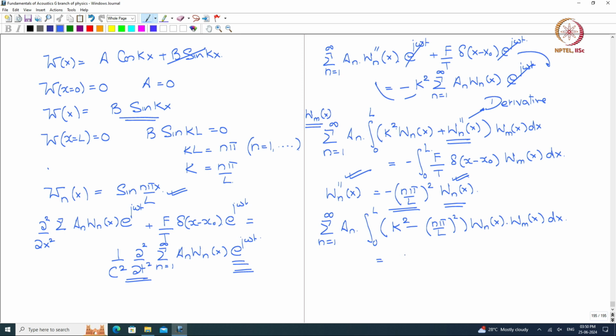On the right I have minus f over t W m of x naught, which is the delta function property.